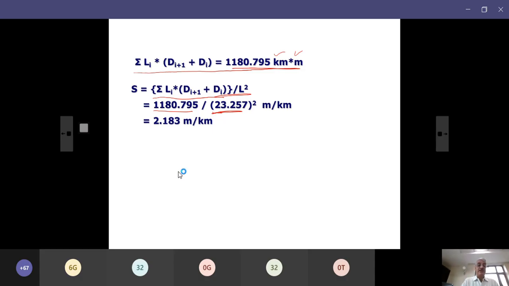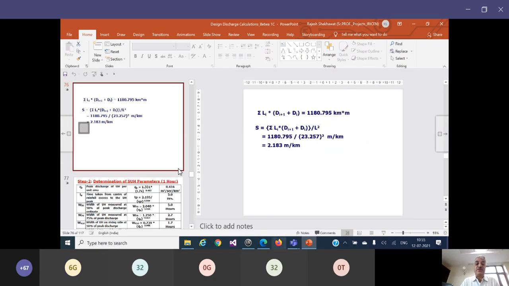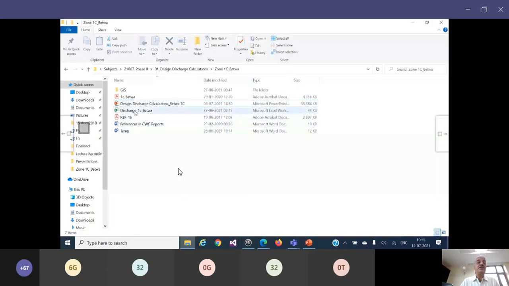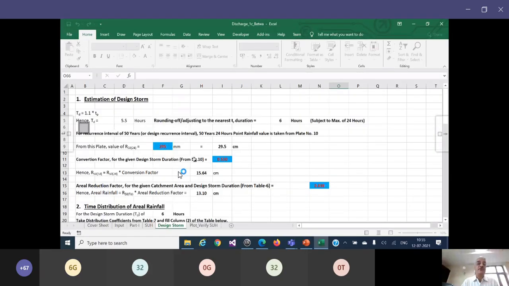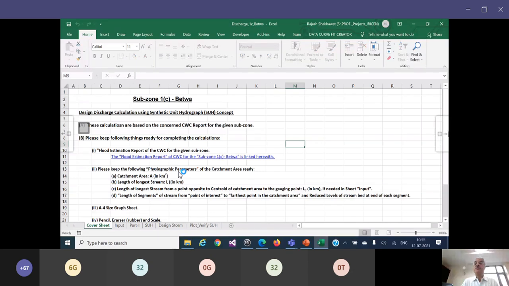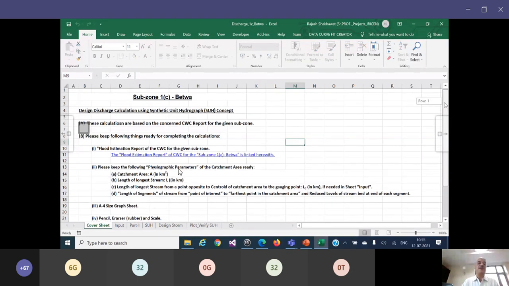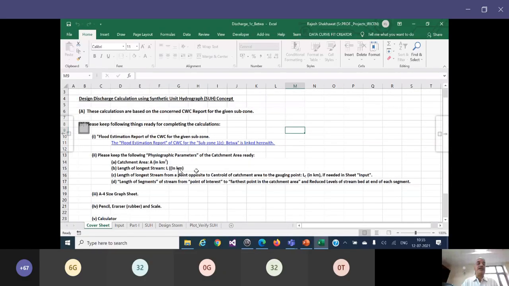Same thing, I will just show you. Parallelly, I will open that spreadsheet also for you, so that, yeah, this is for Betwa. For every zone, this spreadsheet has been prepared. First is its cover. It says how this is calculated and all, and there is a link for downloading the concerned CWC flood estimation report also, what is available on IRISN website.